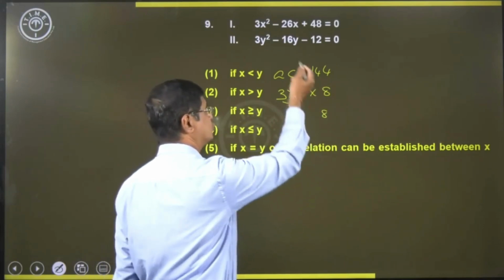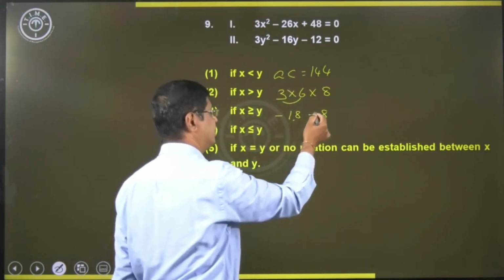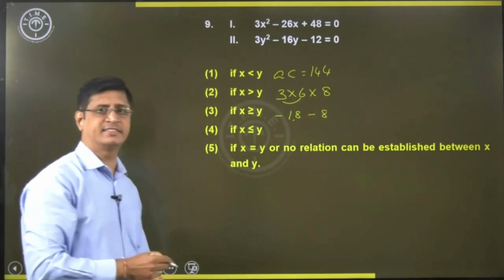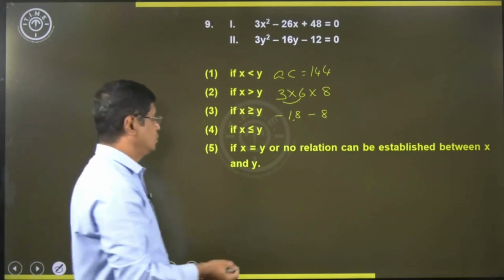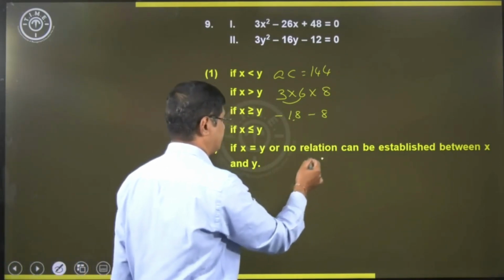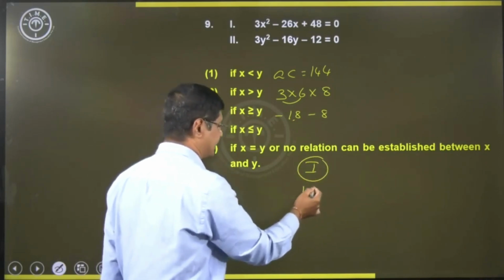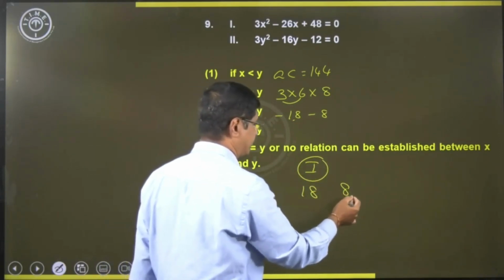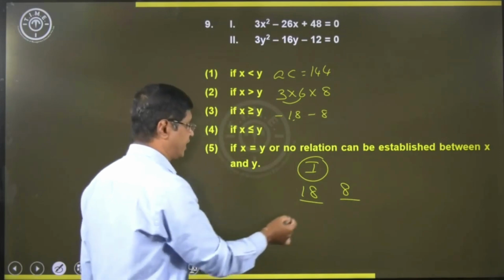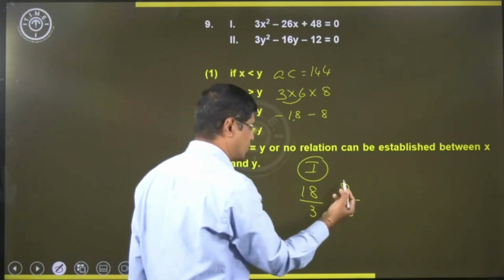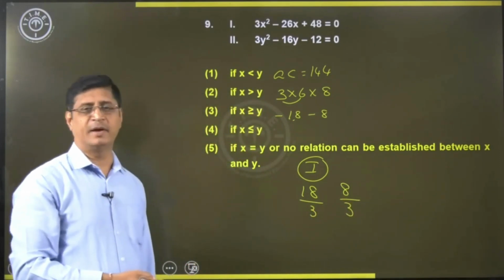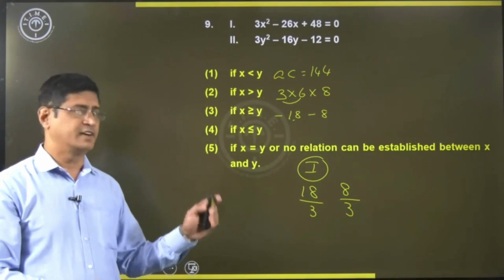By adding these two, we get 26. So what is the result here? Minus 18, minus 8 are the factors. For the roots of the quadratic equation, minus 18 will become plus 18, minus 8 will become plus 8, by the coefficient of x square, that is 3. So 18 by 3 and 8 by 3 are the roots of the first quadratic equation.